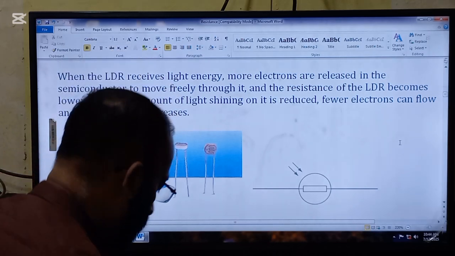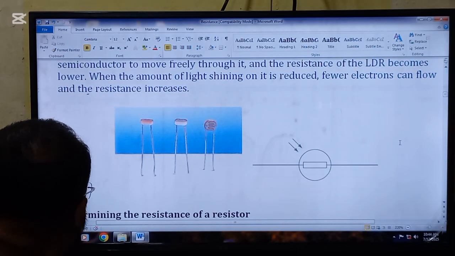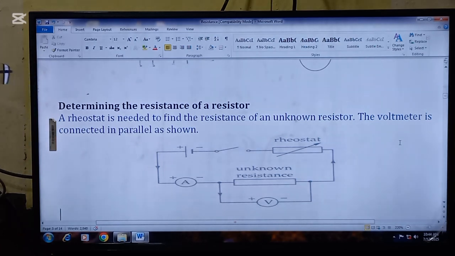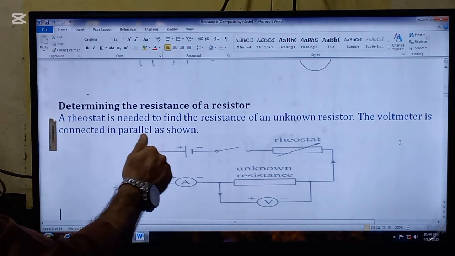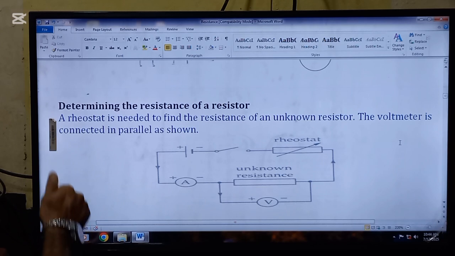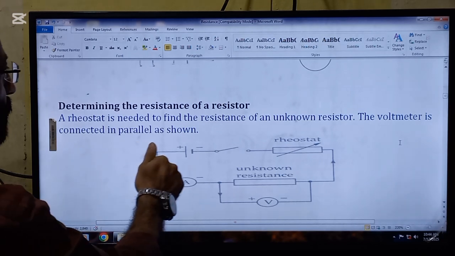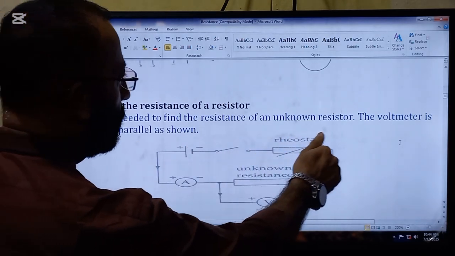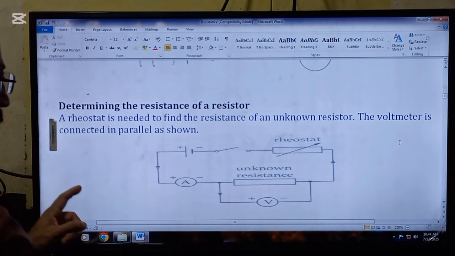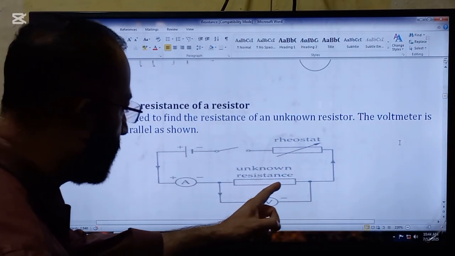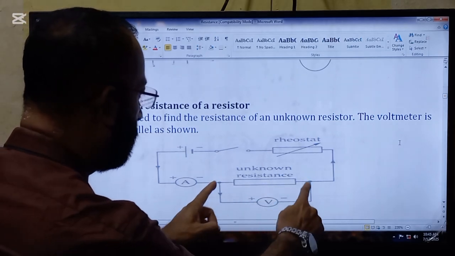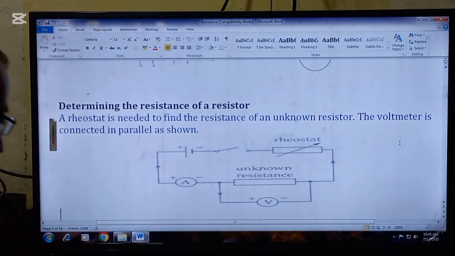The next thing that we are going to read is determining the resistance of a resistor. A rheostat is needed to find the resistance of an unknown resistor. The voltmeter is connected in parallel as shown. So here is the unknown resistance, and we will connect a voltmeter in parallel with the resistance.